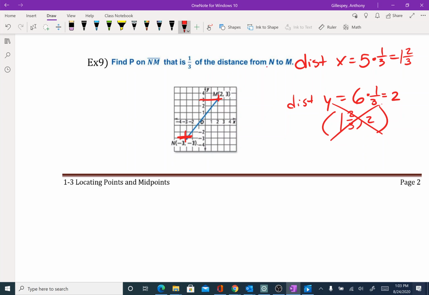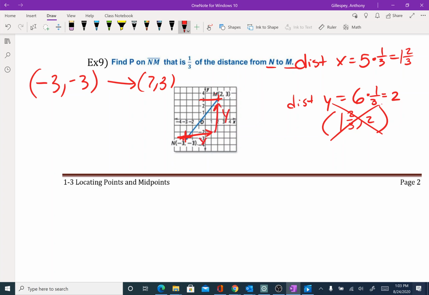You're going from n to m, right? You're going from -3, -3 towards 2, 3, right? So since we're going from n to m, we're going forward on the x and up on the y.